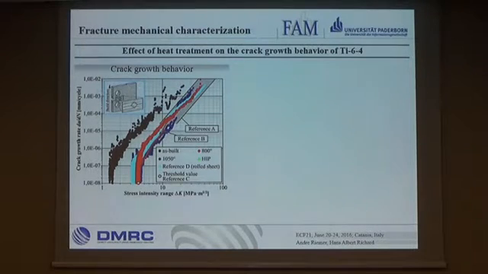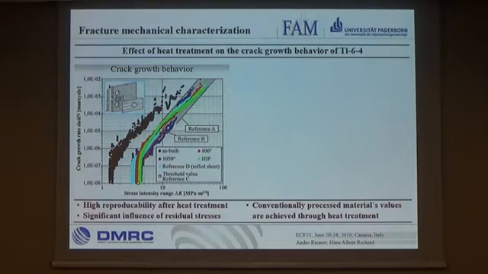And if we have a look at the 800-degree treatment, we have here three different crack growth curves, which show no scattering and are at the threshold values of the reference material. And we are able even to increase this performance by hot isostatic pressing.